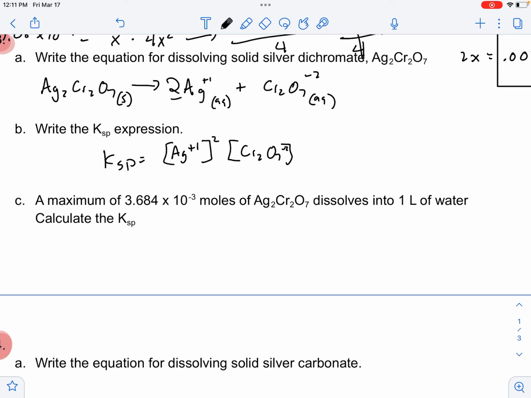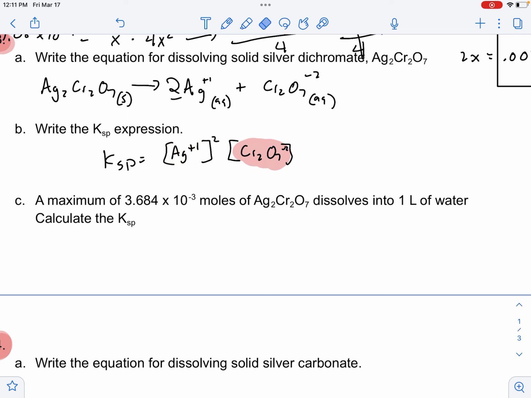And then we have our dichromate -2. Now, if the goal for C is to calculate KSP, we need to figure out the molar concentrations of silver and dichromate.